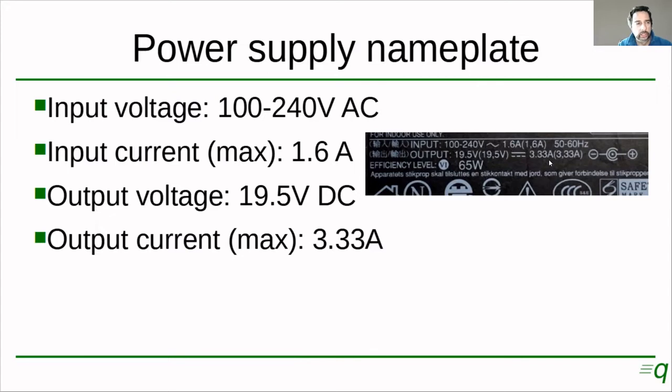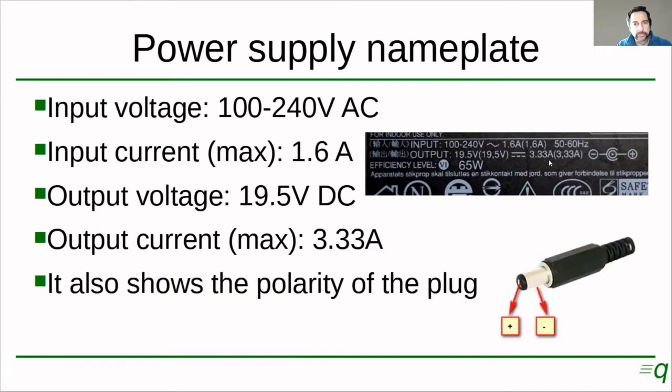Most modern power supplies have some kind of overcurrent protection. So if you try to take more than 3 amps out of this power supply, it is going to shut down on you. And the last thing we can see here, over here on the nameplate, is the polarity of the plug.